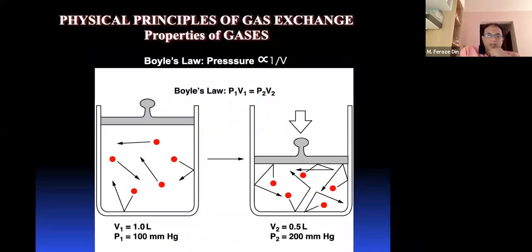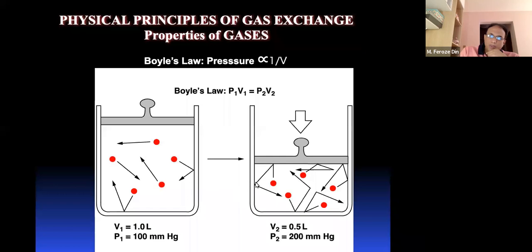The first one is Boyle's law. Boyle's law states that pressure and volume are inversely proportional. So if you have a volume and a certain pressure, so this lid on this gas is exerting a certain pressure, you have a certain volume. If you increase the pressure, the volume goes down.